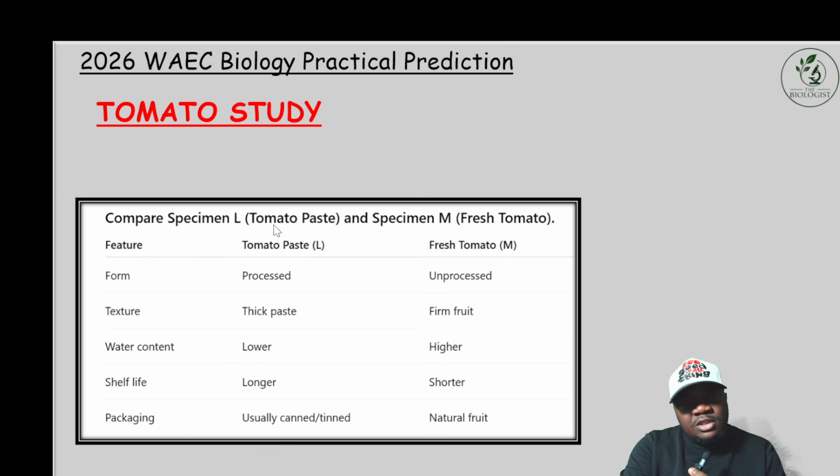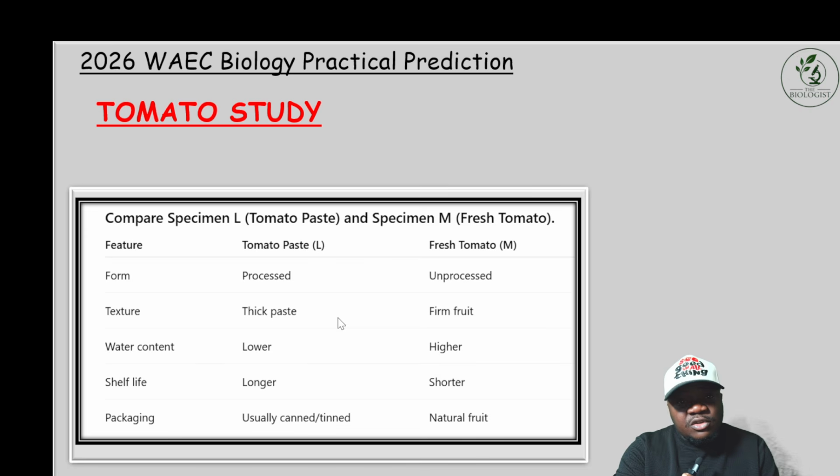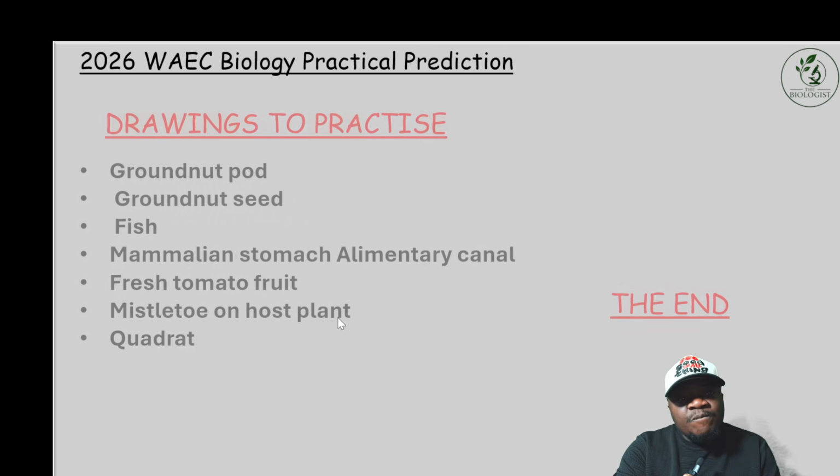So it's very important that you get more information on what tomato paste is all about. This is just a comparison between tomato paste and fresh tomatoes, so you just go through it in case. I'm about 50% sure that they'll bring something like this in the exam, but I put it here in case it's of any help to someone who needs it.